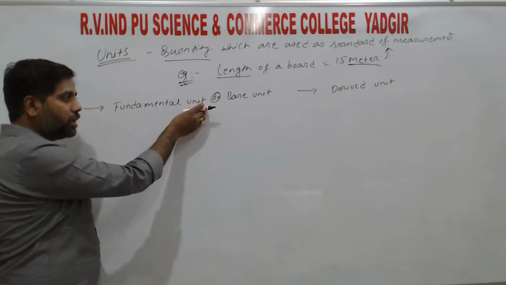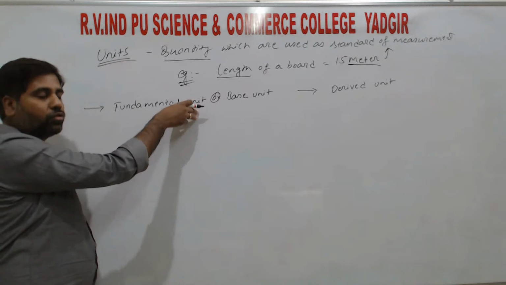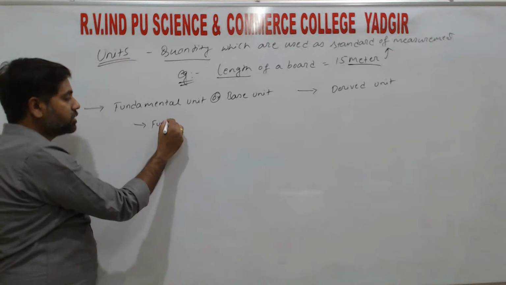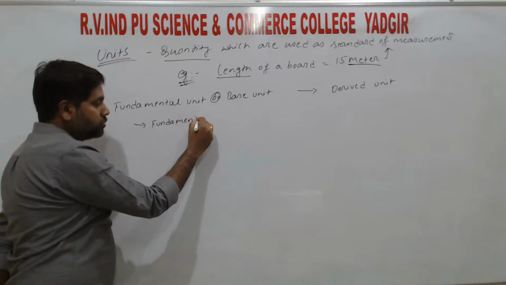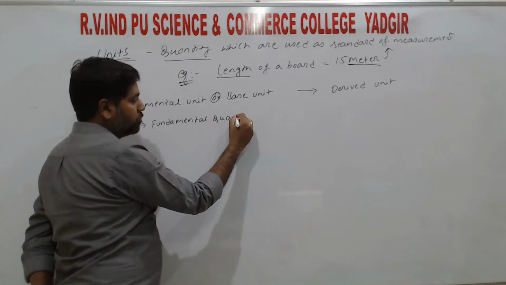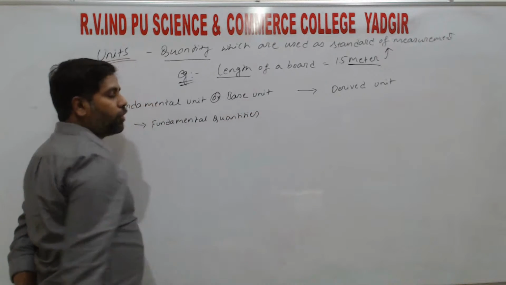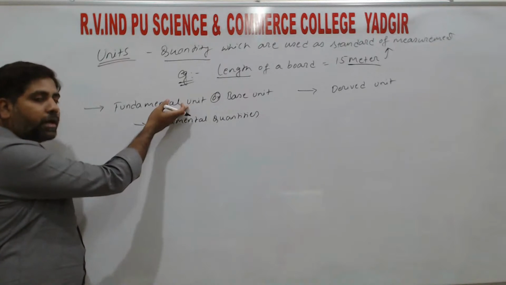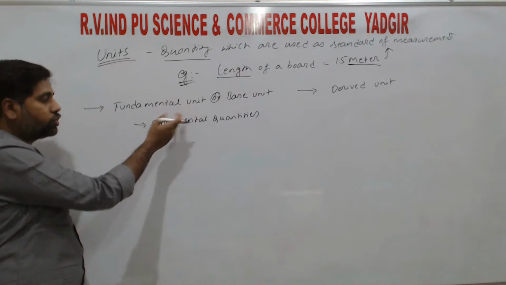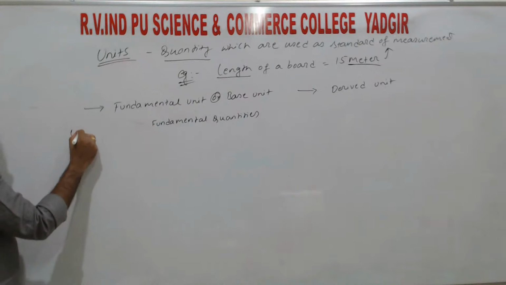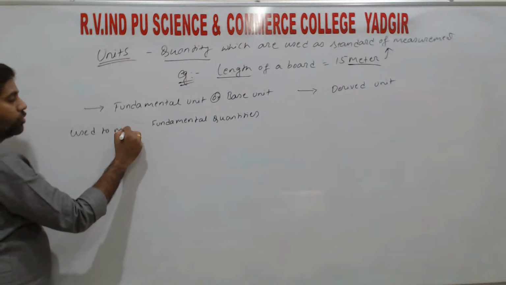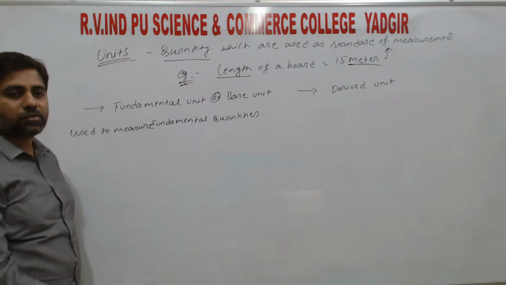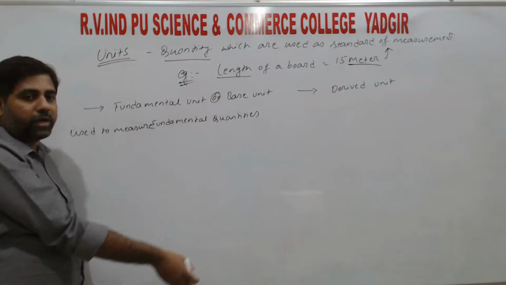So what are fundamental units? The units which are used to define or measure the fundamental quantities. So the units used to measure fundamental quantities, we call fundamental units, or base units, right?